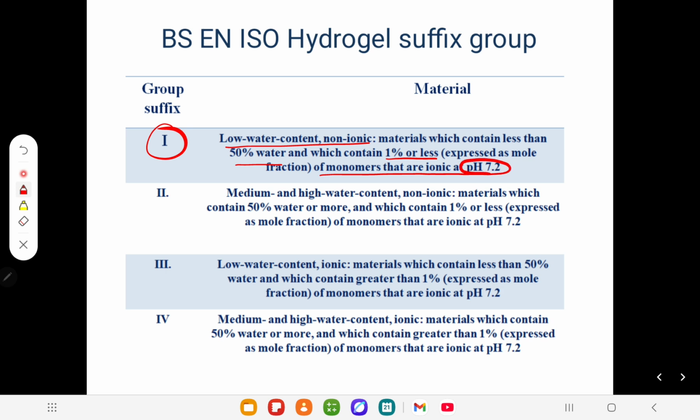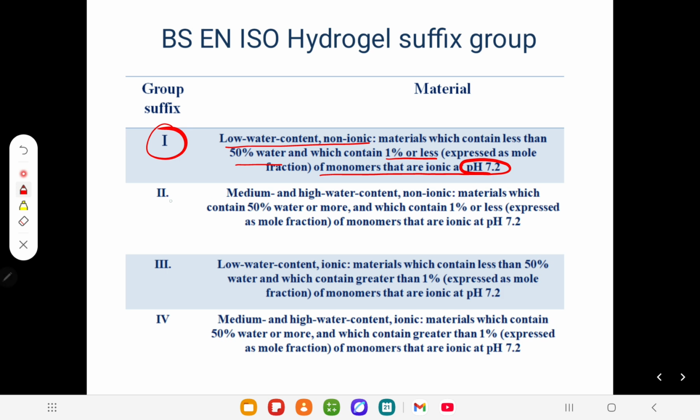There are a lot of ionic and non-ionic monomers in the mix. If ionic monomers are 1% or less, then it's called non-ionic.